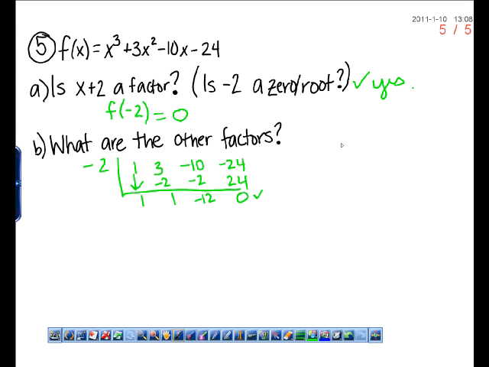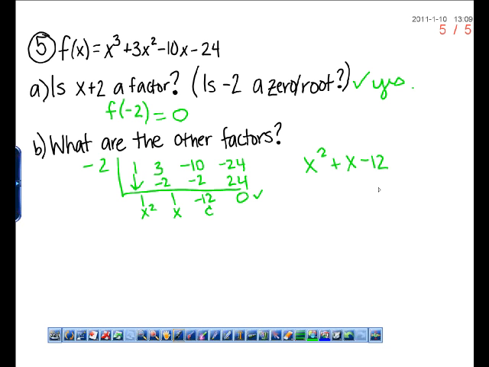All right, so now I know that x plus 2 is a factor. I want to find the other factors now. How has synthetic division helped me in that process? Yeah, I know that this cubic up here factors, and x squared plus x minus 12 is one of those factors. So how could I find the other two factors now? What would I do with x squared plus x minus 12? You would factor that.